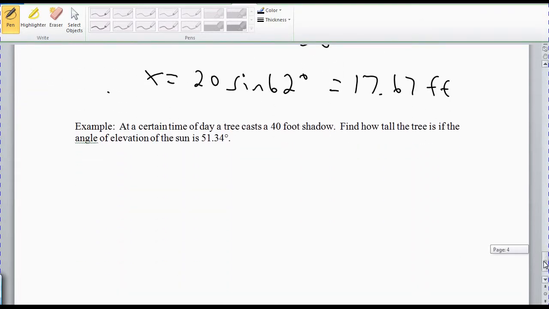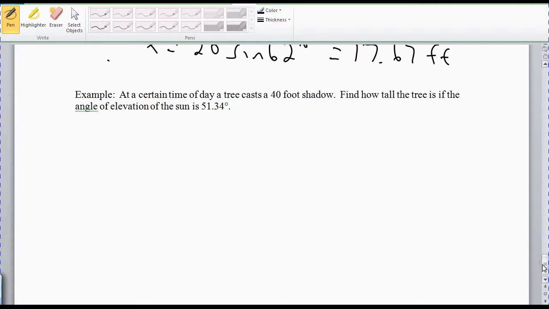Now let's do this example. This one involves the angle of elevation. So we have a tree. Let's draw a tree. It's a really narrow tree, a really skinny tree. It's a 40-foot tree? Well, no. Make sure you read the problem. It's just a tree.